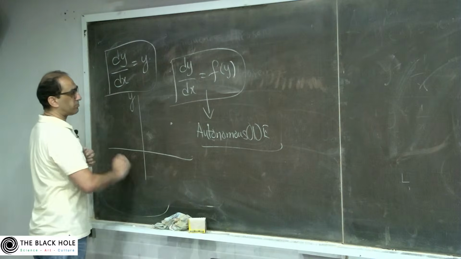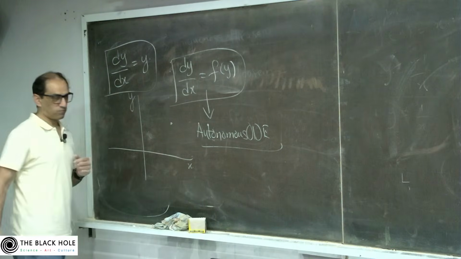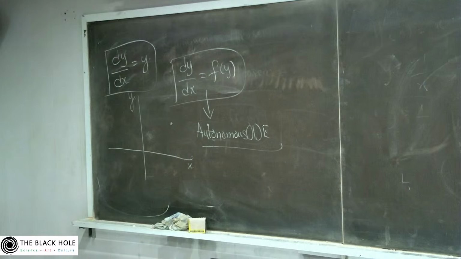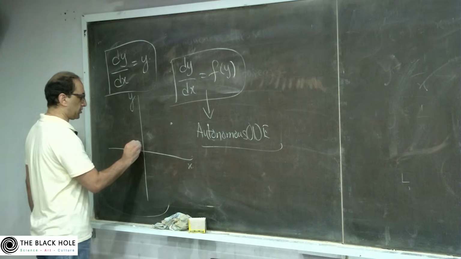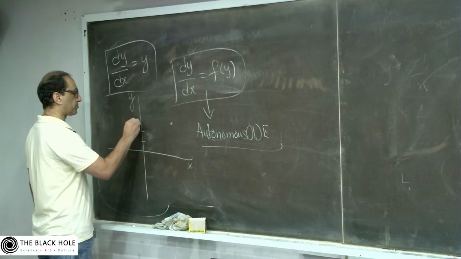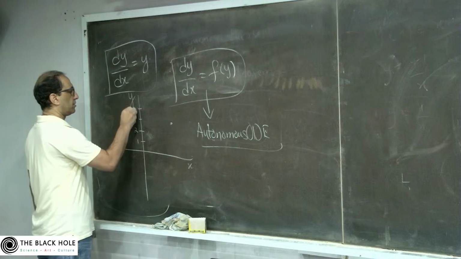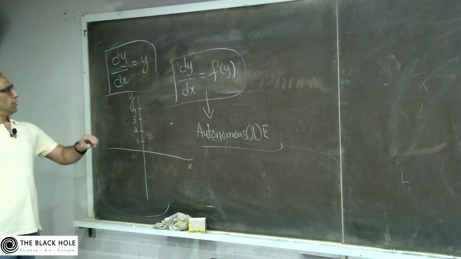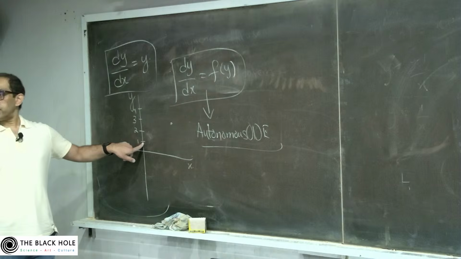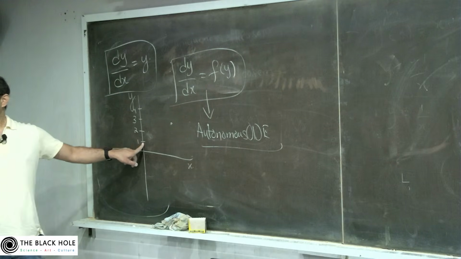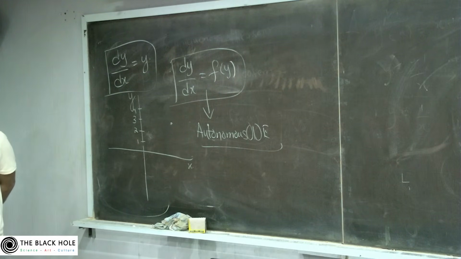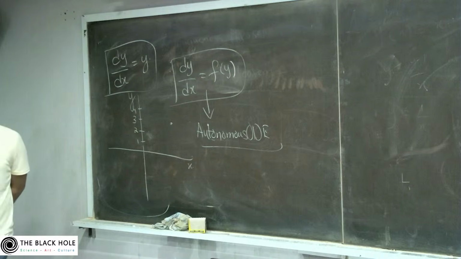So there is a concept of a slope field. Okay? I'll tell you what that is, and then we will try and do something about it. So if y is equal to 1, then dy by dt is 1 according to this equation.